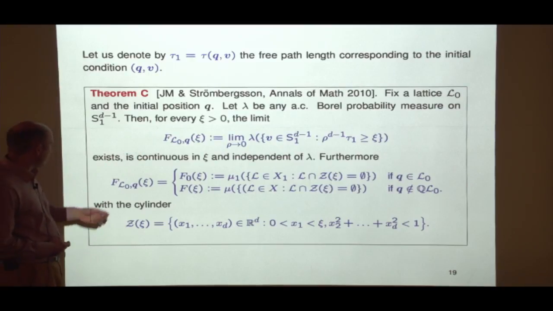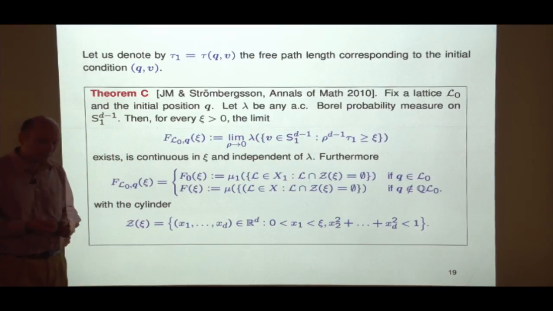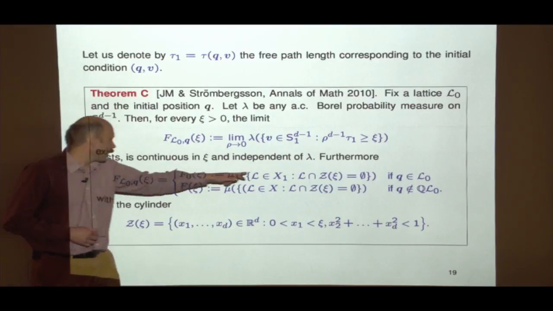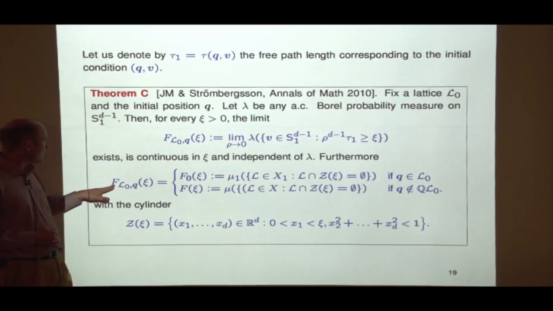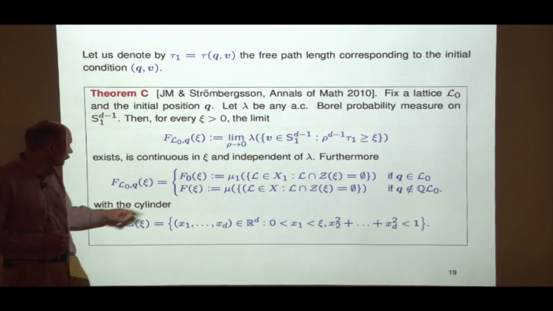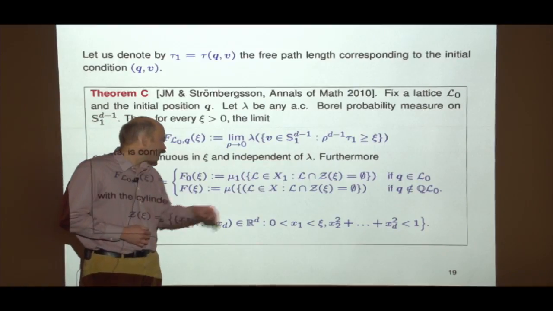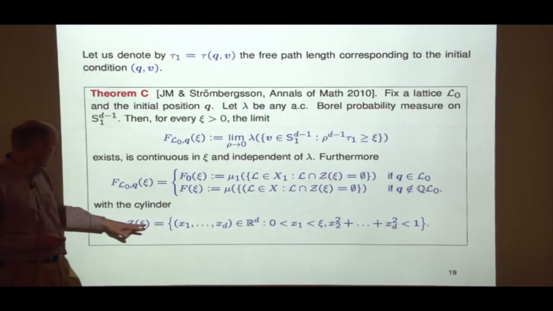Here's the limit. And we have a formula for this limit in terms of random lattices. So if we shoot off from the center, from a lattice point, we get one answer. And that answer is that the probability that our free path length is bigger than xi is given by the probability that a random lattice does not intersect with this cylinder.